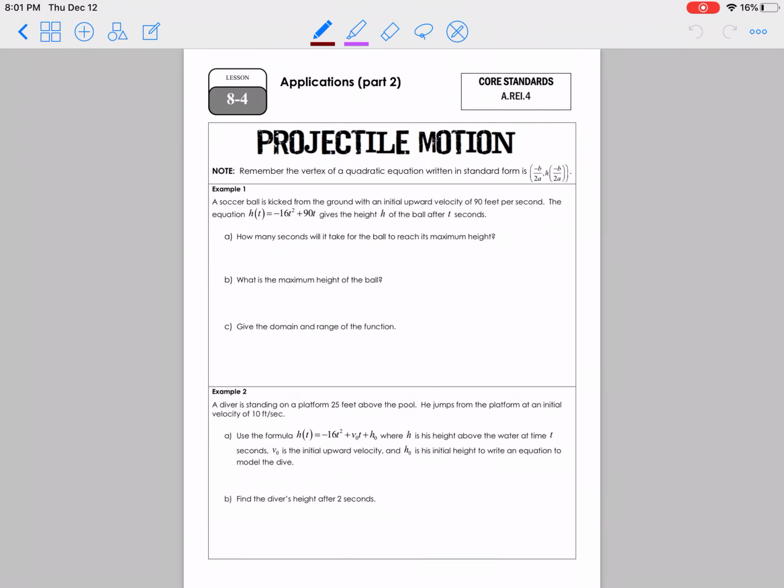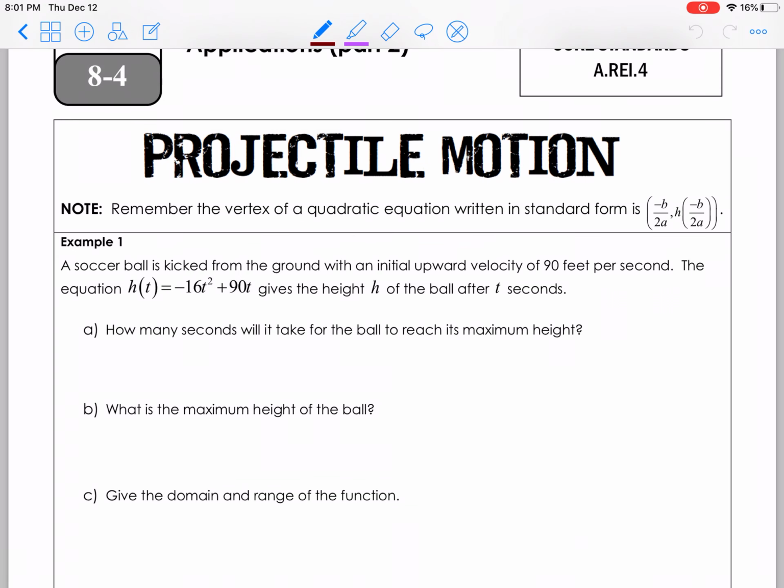So let's hop over to our notes and see what it's talking about here. It says, remember the vertex of a quadratic equation written in standard form looks like that. They just wanted to draw our attention back to the fact that we have used a vertex before and it is useful for us sometimes. Let's read this first problem and see what we can do with it. A soccer ball is kicked from the ground with an initial upward velocity of 90 feet per second.